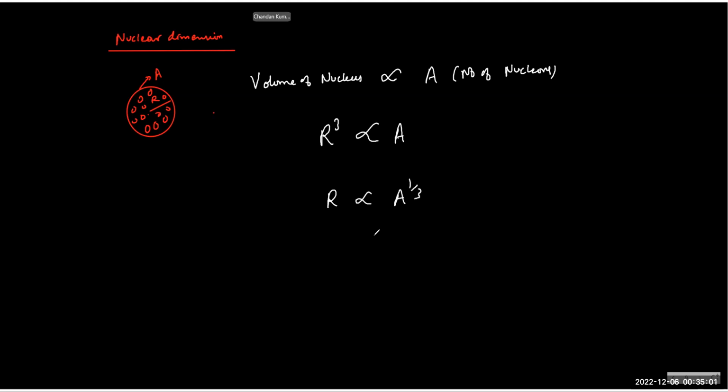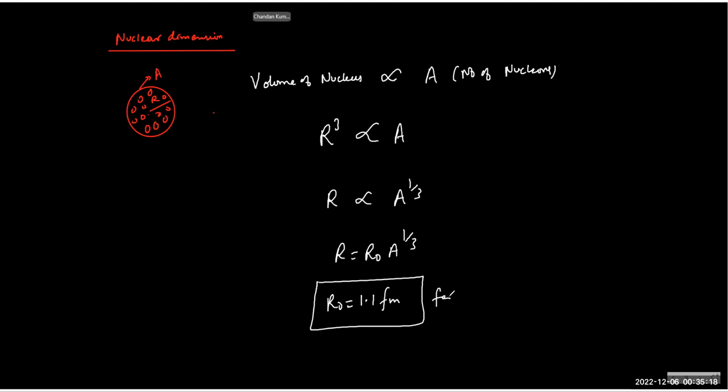The cube root of the number of nucleons. So r is equal to r naught times A to the one-third, and the value of r naught is 1.1 fm. What is fm? Femtometer, fermi meter. It is minus 15, right? Yeah.